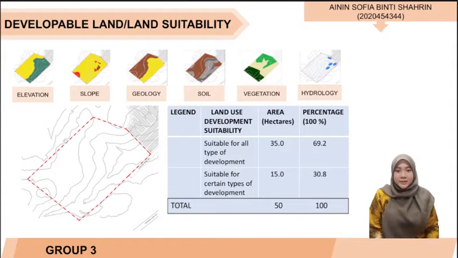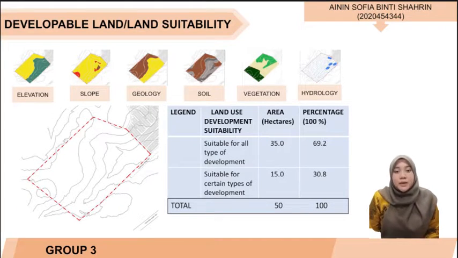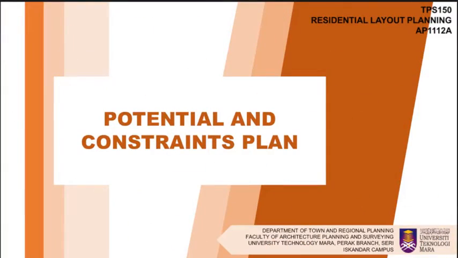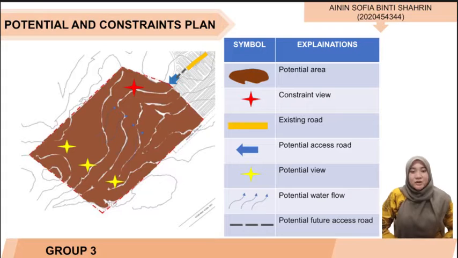Land suitability. As you can see, I use green color for all types of development that can be built at the site, and yellow color for certain development. This is because I want to make it easy for potential and constraint area.